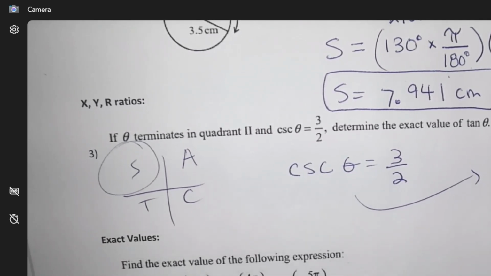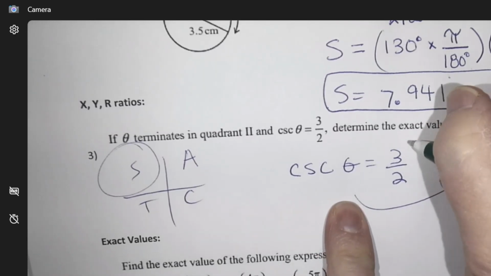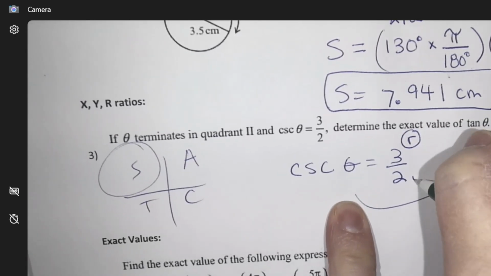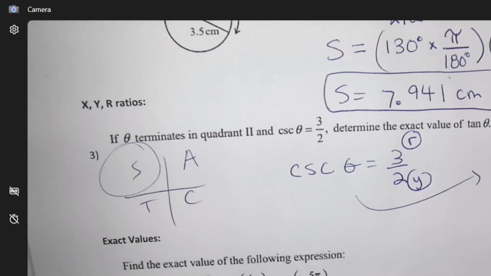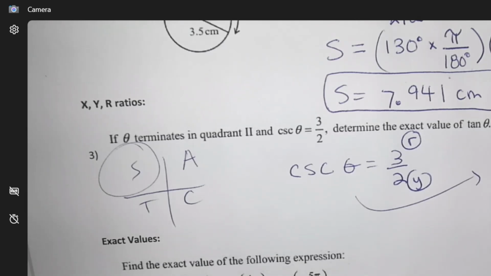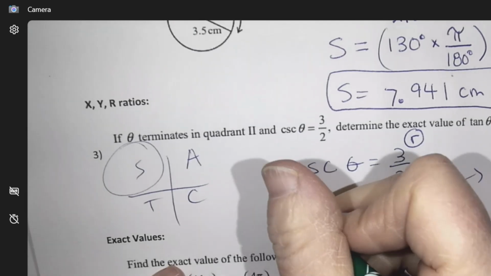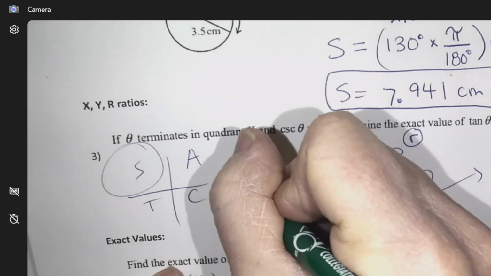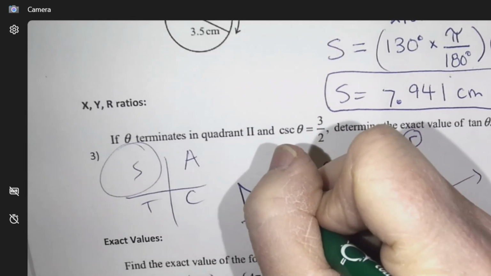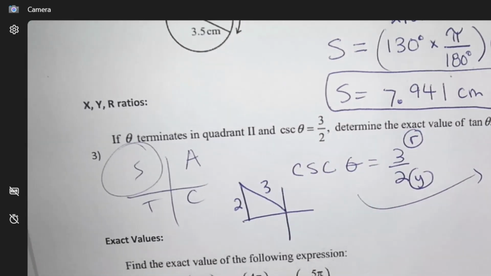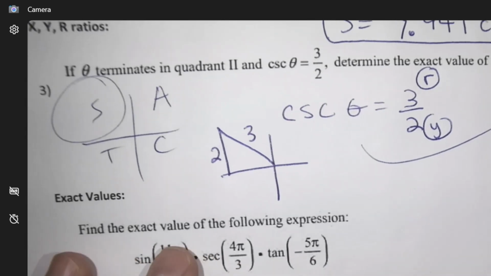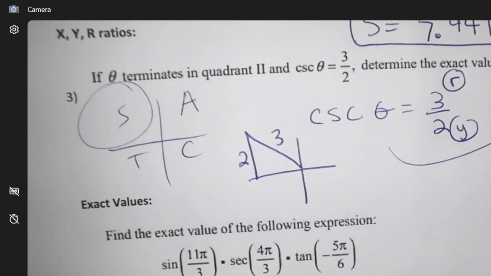Okay, so then if I'm this, that means an R and that means a Y. Okay, so that is what's going on.